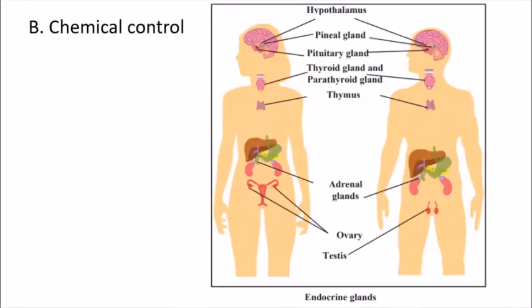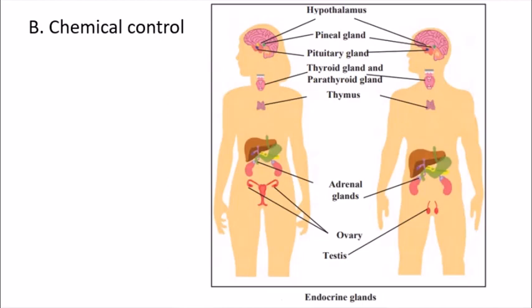Next is the chemical control. Now there are hormones in our body which are secreted by glands called the endocrine glands. So these are some chemicals which are responsible for control and coordination. Now these glands are also ductless glands. They do not have a duct. These glands do not have any arrangement of their own to either store or carry their secretion.